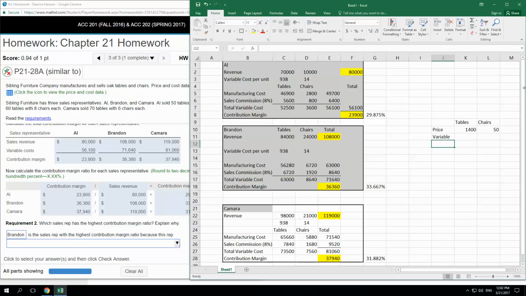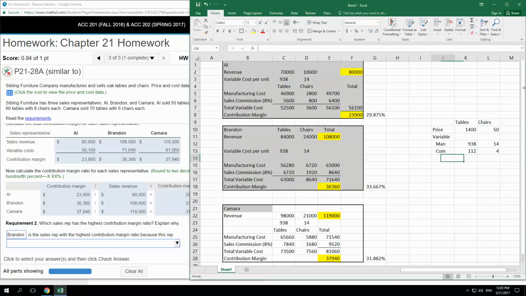You're going to have your manufacturing, which is $938 for tables and $14 for chairs, and then you got the commission. So on a per unit basis, the commission would be 8% of the sales price. Okay, so I'll just take 8% of 1,400, and 8% of 50.